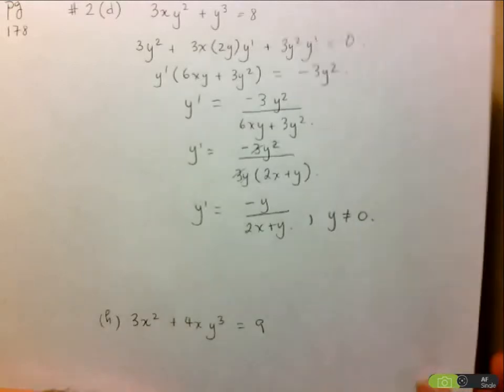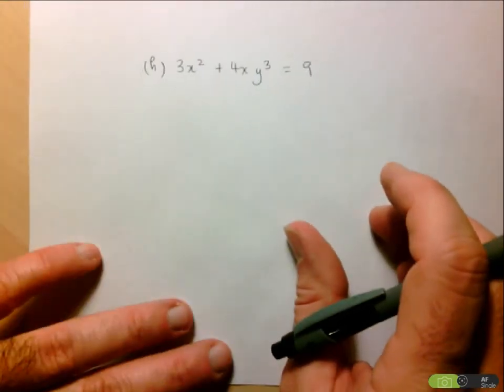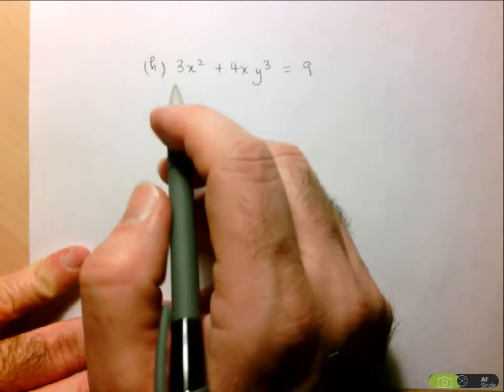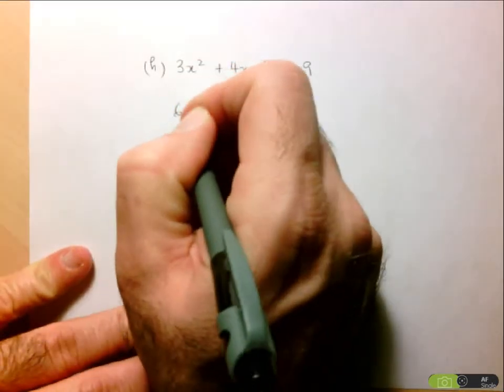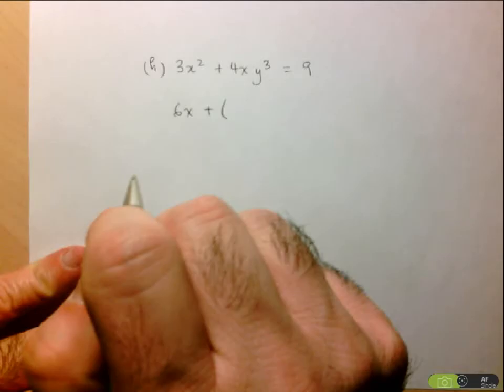Okay, let's move on to another question. So 2h here is pretty similar. Again, we take the derivative of both sides of the equation. Start with the derivative of 3x squared with respect to x, so that's easy, just 6x. But here for the second one, we're going to have to use again the product rule.